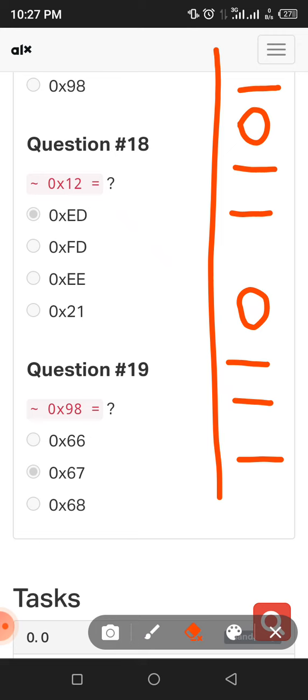This is 1, this 2, this 4, and this is 8. So 8 plus 4 plus 1, that's going to give us 13. So that's the value for that.